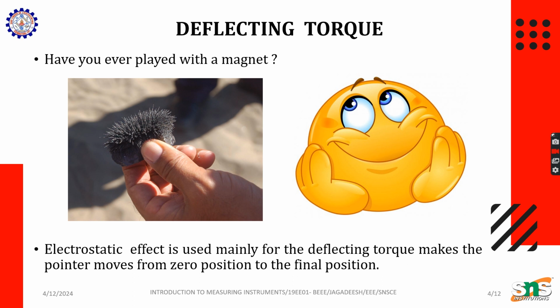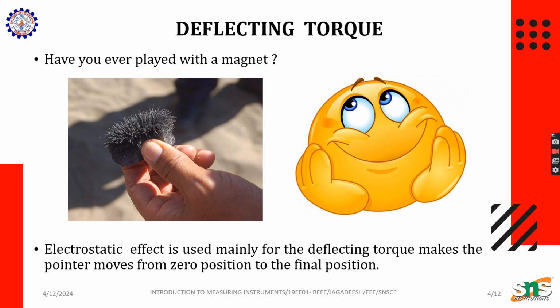It is an electromagnetic effect actually, and there will be an electromagnet. Here it is my duty to clarify what is a permanent magnet and what is an electromagnet. A permanent magnet usually has a magnetic property, and an electromagnet is a normal iron core which is wound with wire.